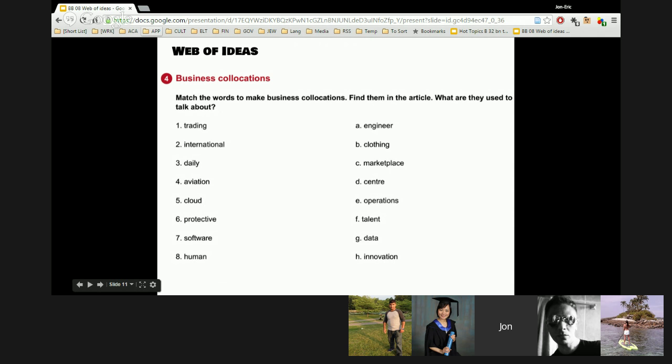I'll give you a little hint. In the article, this was used to talk about progress in planes and flying, progress in the airline industry. So the match would be aviation innovation. It's got to be innovation if it's talking about progress. That's right. Okay, so that was number 4.